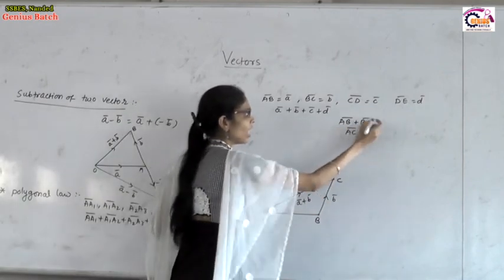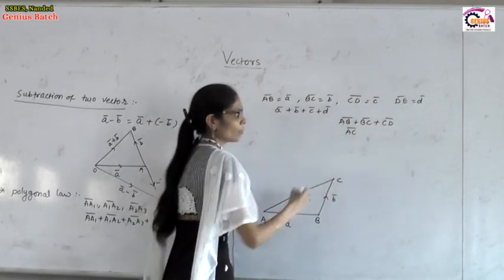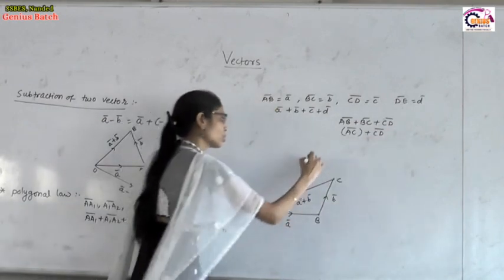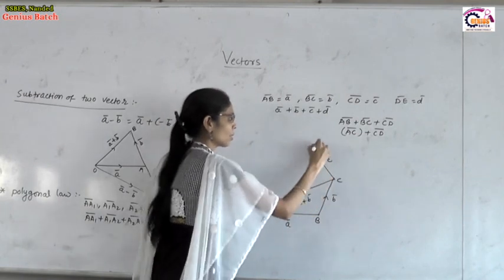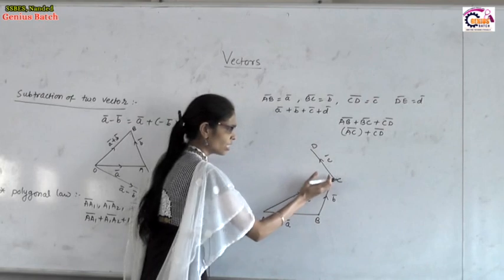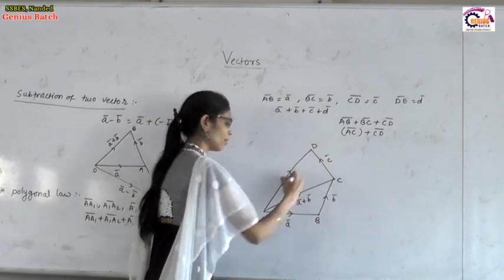Now I will add vector CD to this. So this is vector CD, or you can call it vector C. So again, using triangle law, AC plus CD is vector AD.